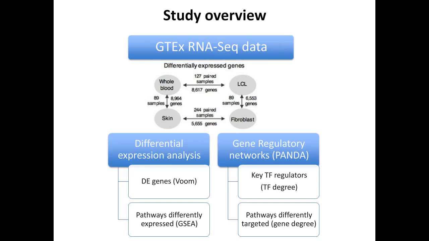We did gene regulatory networks, and then we analyzed separately the network topology of the gene regulatory networks using that PANDA package that I was mentioning, to understand key transcription factor regulators by looking at the transcription factor degrees, and to understand which pathways were differentially targeted by looking at the gene degree.